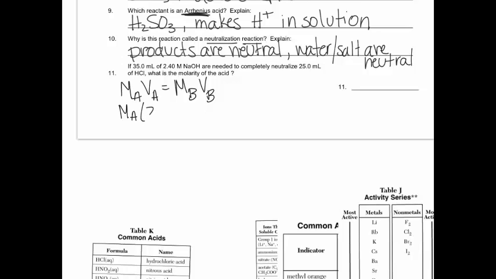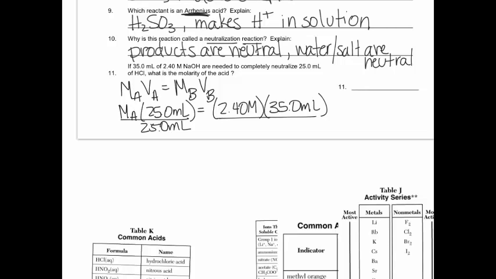The volume of our acid was 25 milliliters. The molarity of our base is 2.40 molar, and the volume of that base was 35.0 milliliters. So we'll divide by 25 milliliters. And then these cancel out, and all we have to do is multiply and then divide by 25. And when you do, you get 3.36 molar.